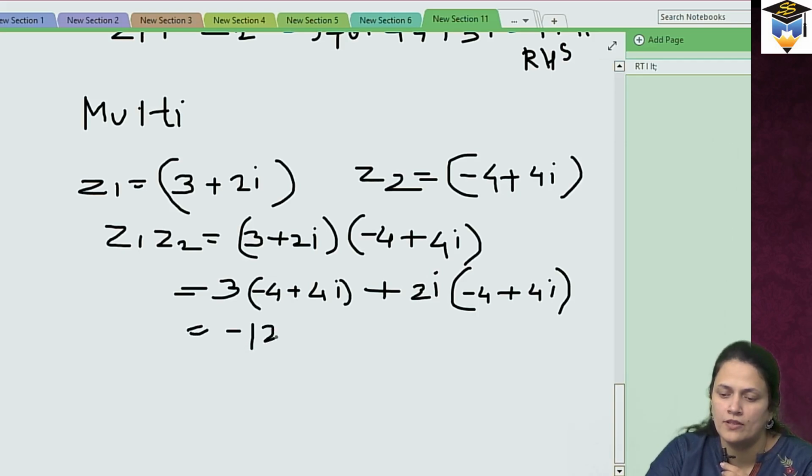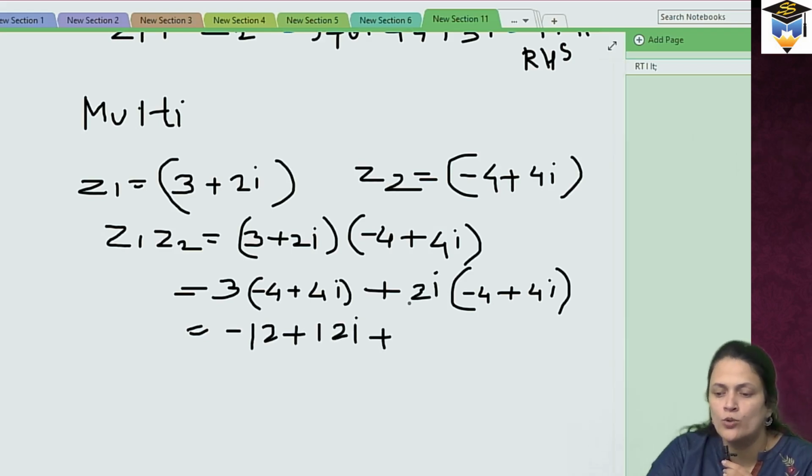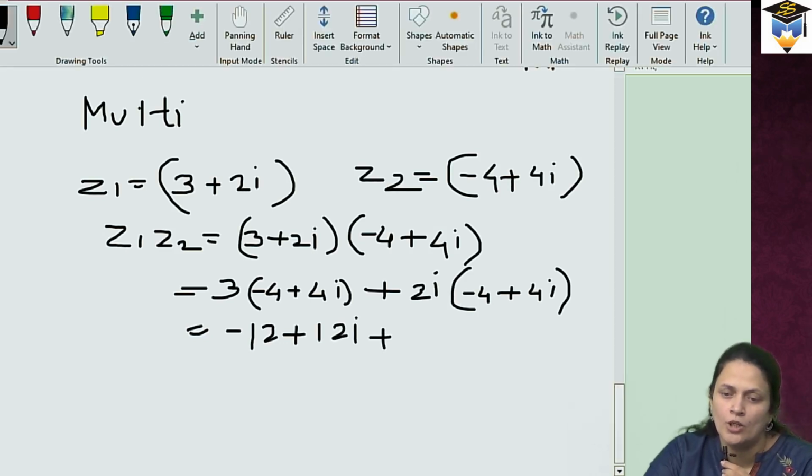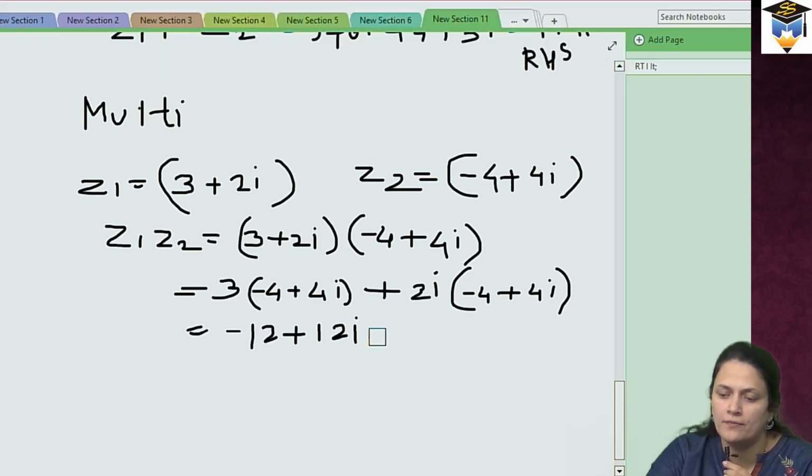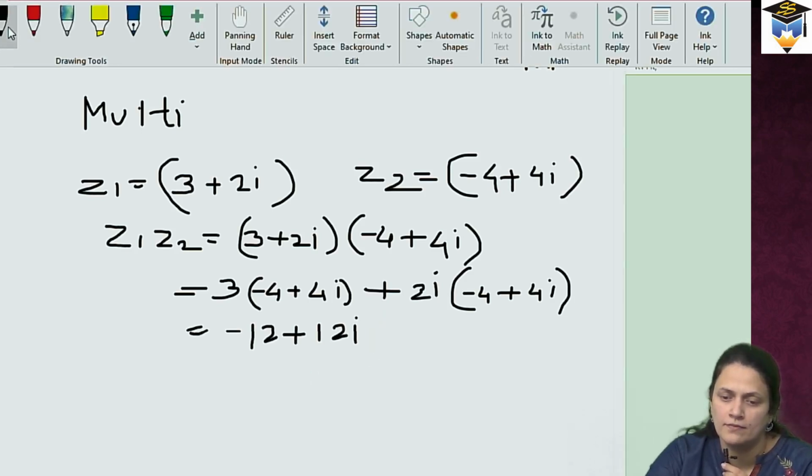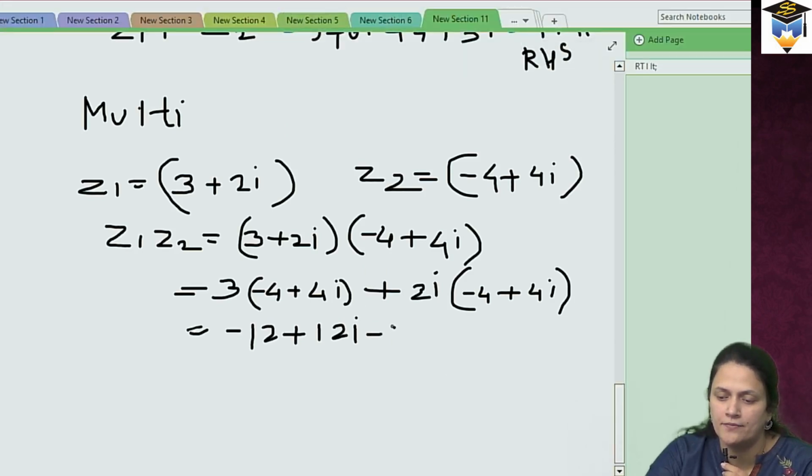Minus 12. 3 into 4 is plus 12i. What is 2i into minus 4? 2i into minus 4 will be minus 8i. Okay. And 2i into plus 4i is plus 8i square. Correct? i into i is i square. What is the value of i square?